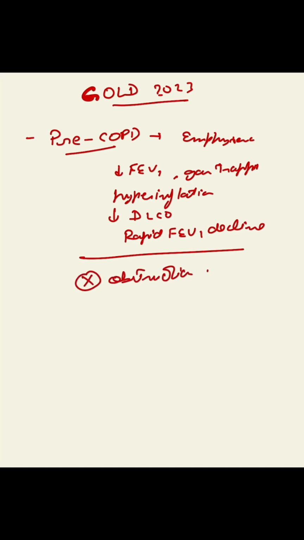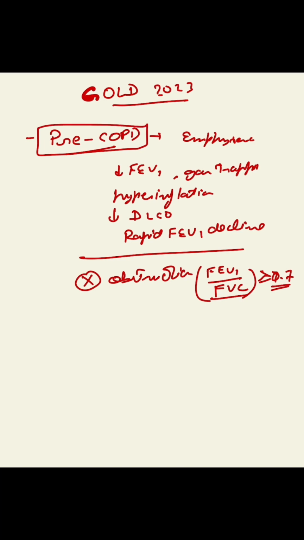That means the FEV1 by FVC, that is forced expiratory volume in the first second by the forced vital capacity, is more than or equal to 0.7. These kinds of patients have been termed as pre-COPD patients, right?